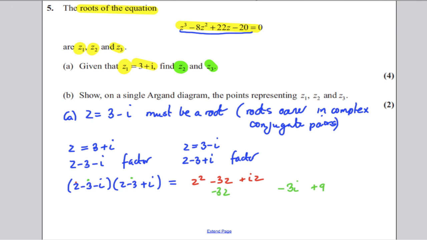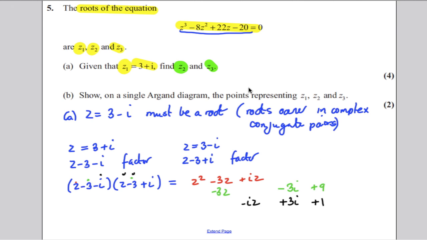Okay, and the last one, therefore, I'm going to do in black here. Negative i times z is negative iz. I'm going to write it in this column. Negative i times negative 3 is plus 3i. And negative i times i is negative i squared. And if i squared is negative 1, negative i squared must be 1.